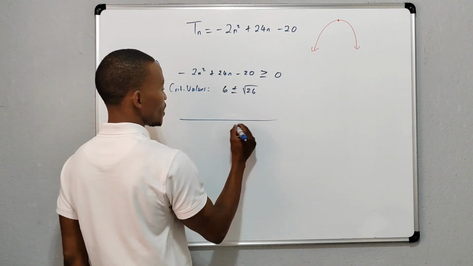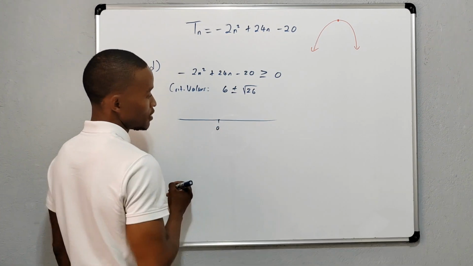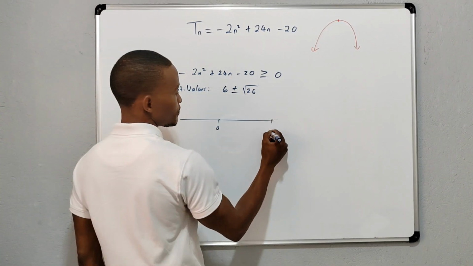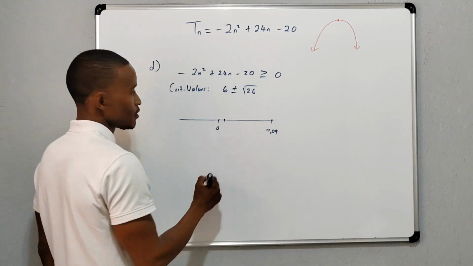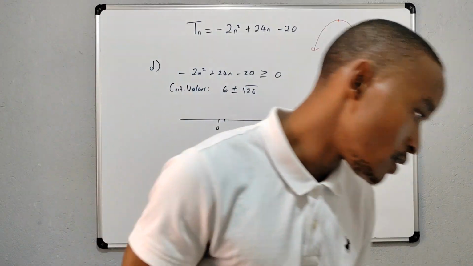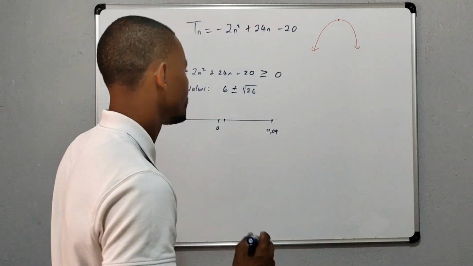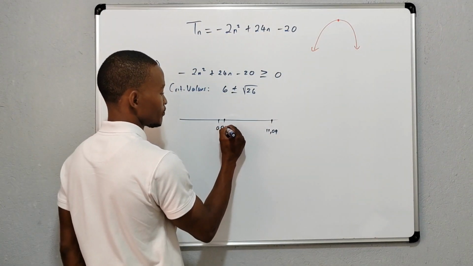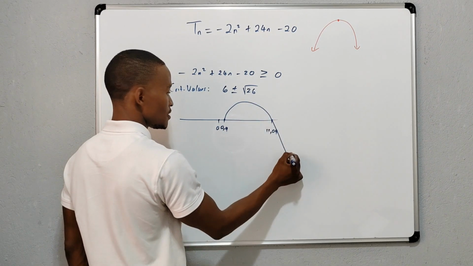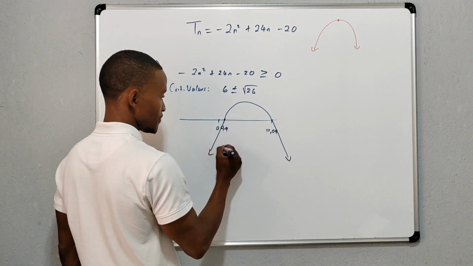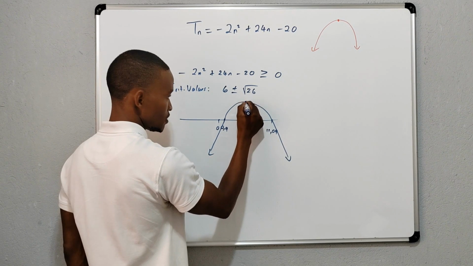If you go to the number line and represent it there, that is 11.09, and the other one is 0.9. This tells us that this is where the graph cuts the x-axis, and this is the turning point.